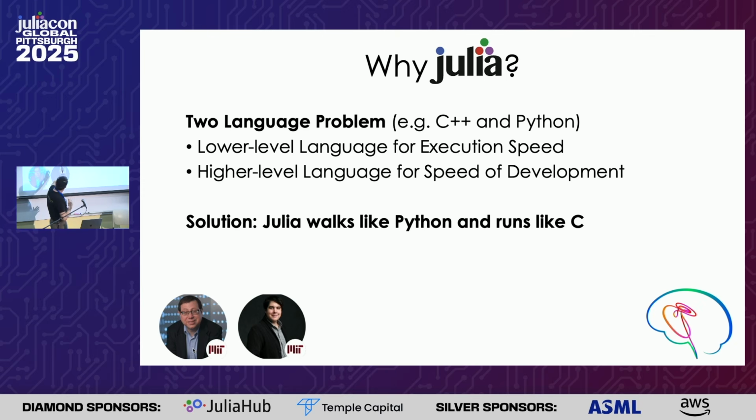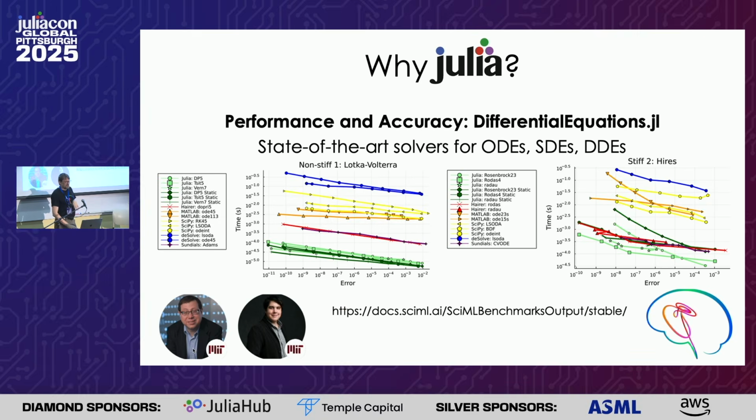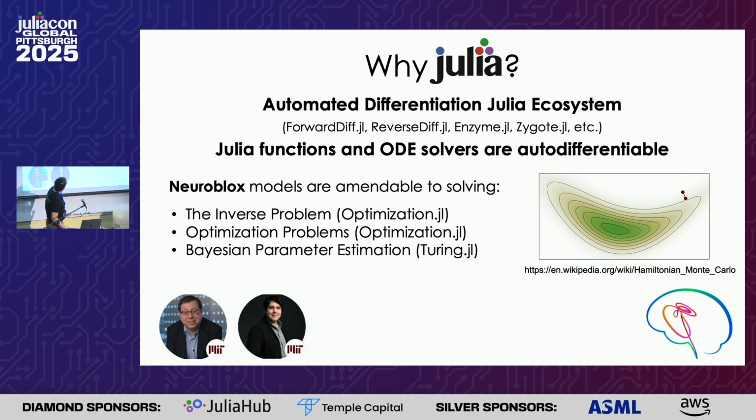It almost walks like Python and runs like C. But what was more important to us is the performance and accuracy solving ODE systems. I think DifferentialEquations.jl is probably the best package for solving ordinary differential equation systems. And by the way, for delay differential equations and stochastic differential equations, it has just the best and fastest solvers. There's no doubt in my mind.